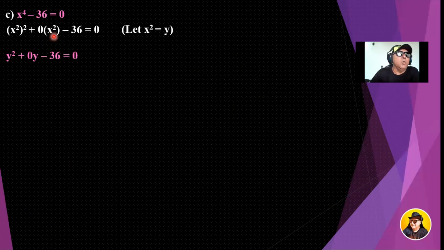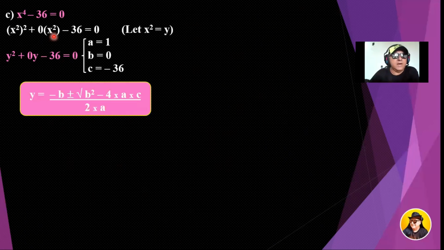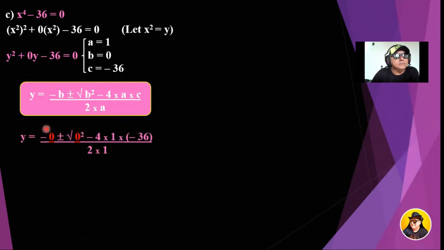Well, let's get the values a, b, and c. A is 1, b is 0, as I told you, and c is minus 36. And now, the quadratic formula, let's replace values and do the calculations. Here is in red because 0 has no value, and so it doesn't change anything in my question.